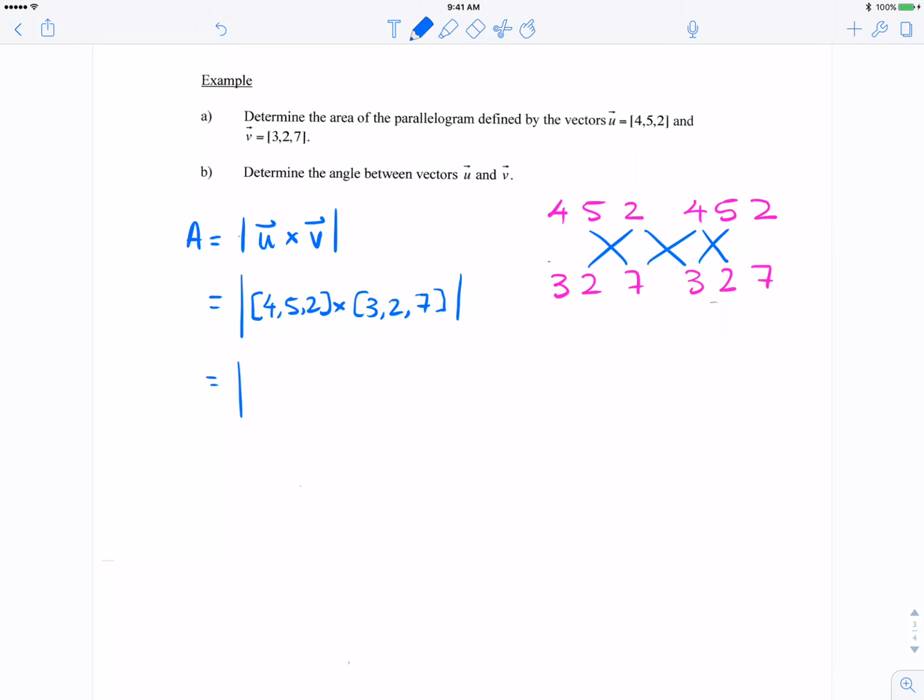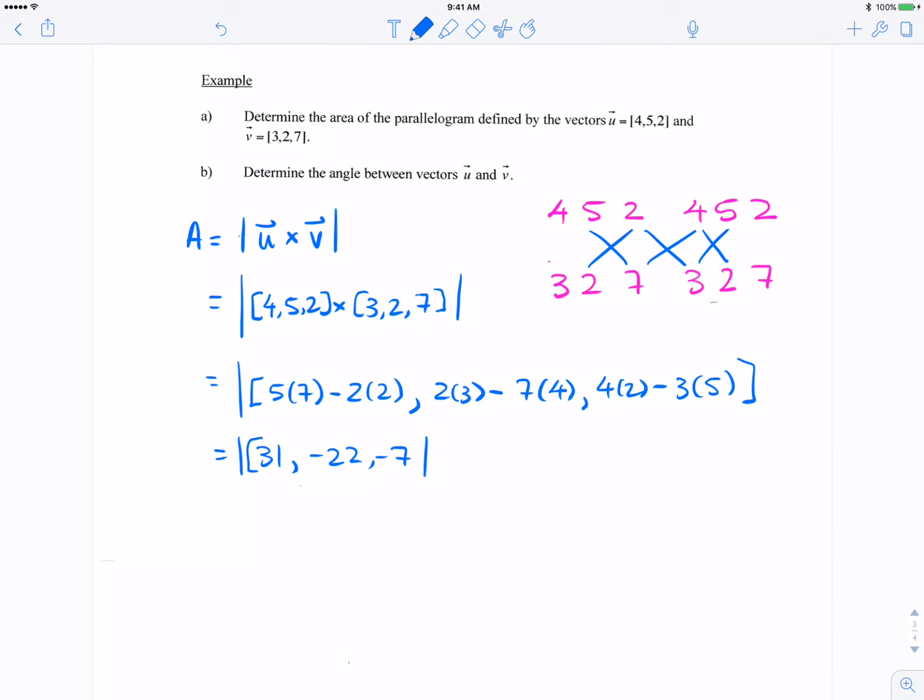So first find the cross product. Yep, u cross v, exactly. Your final solution should be 36.7.